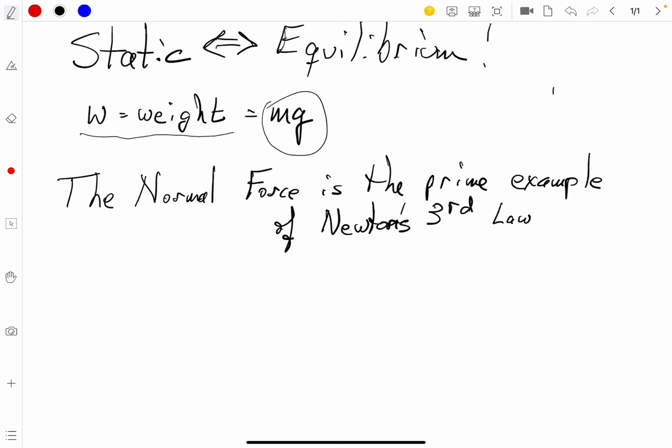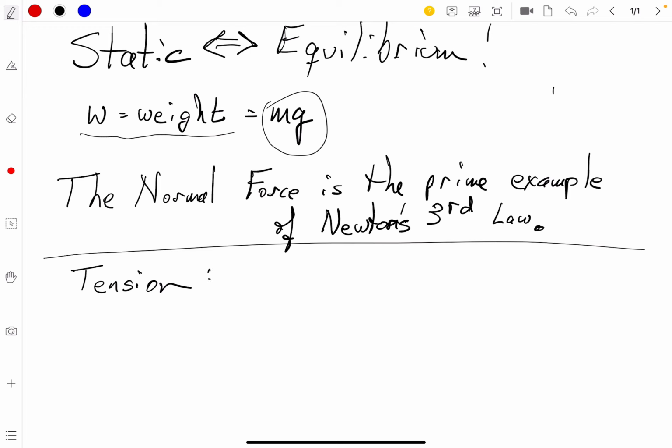So if you can understand the normal force, which we just talked about, then you understand Newton's third law pretty well. I have it written down, it's in the notes. I'm not going to go into that any further. Let's talk about tension. So tension is a flexible medium with a force moving through it.